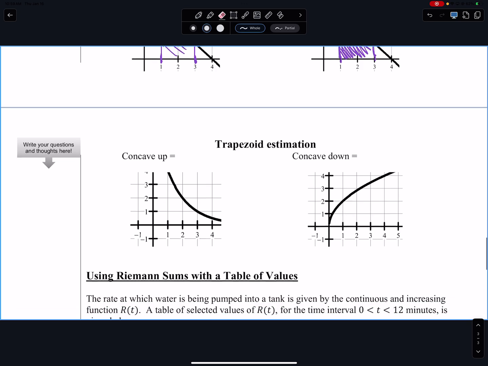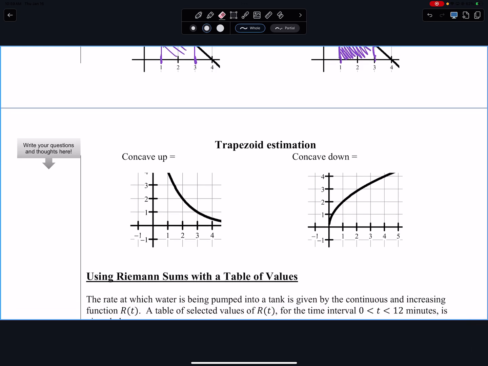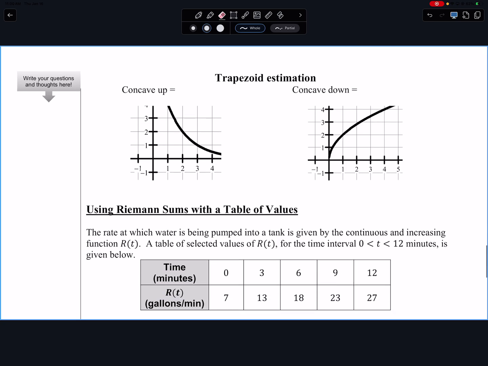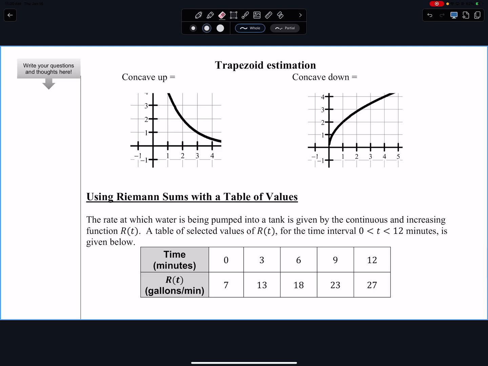Now, if it's a trapezoidal estimation and we know something about concavity. So remember, concave up is like a teacup. Concave down looks like an umbrella. So if I want to talk about from 1 to 4.